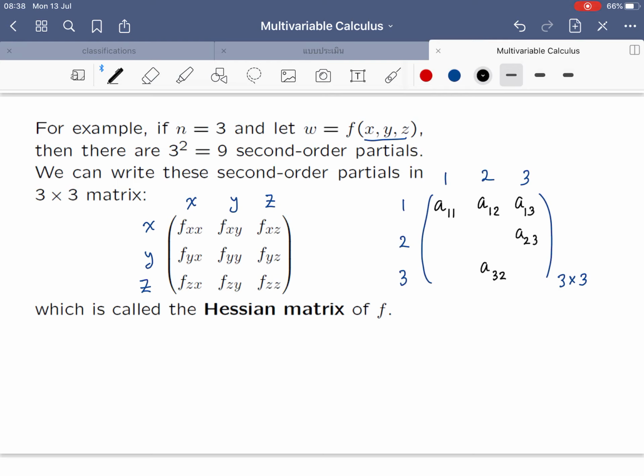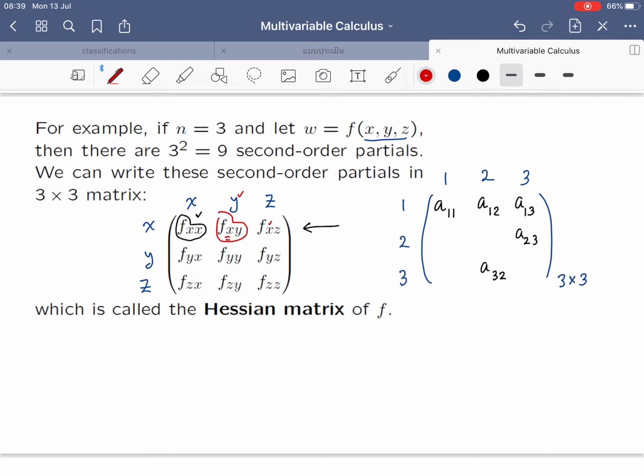This matrix will name each element like that as well. However, instead of using 1, 2, 3, we use x, y, z. Look at this one: it is on the x row, the x column, so you get f sub xx. This one is on the x row, the y column, so you have f sub xy.